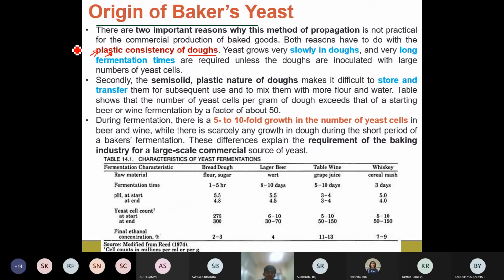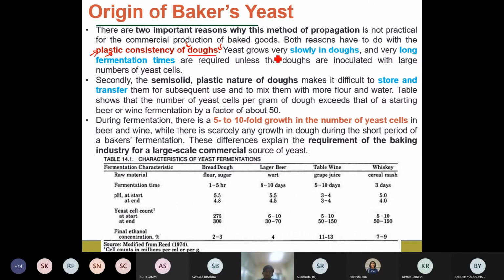But as I have already told you, when we add the yeast to the dough and leave it for some time at, suppose, room temperature conditions, what is expected? That the yeast present in the dough will grow, because in the dough we have all the sugar derivatives, which can be used by the yeast for its metabolism, and it should grow in its biomass concentration.